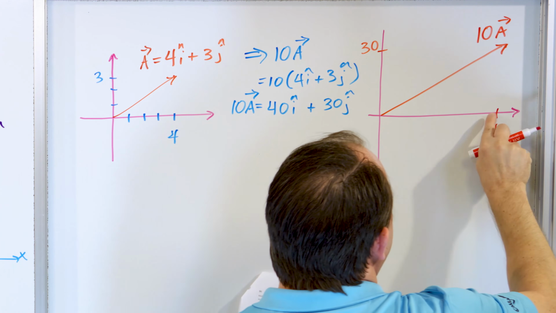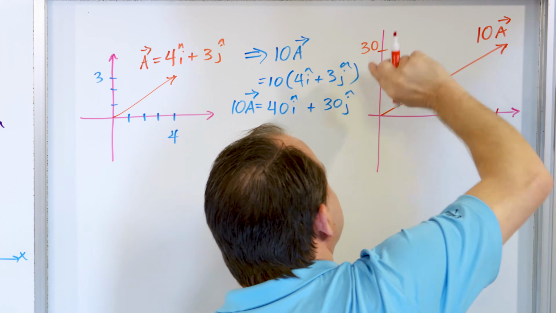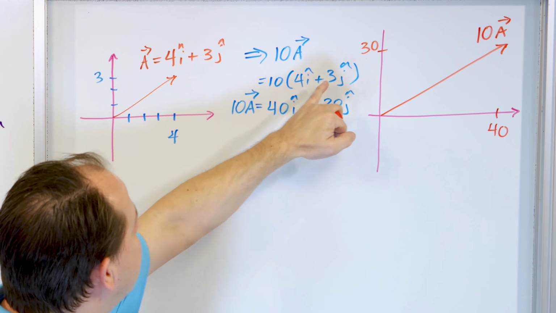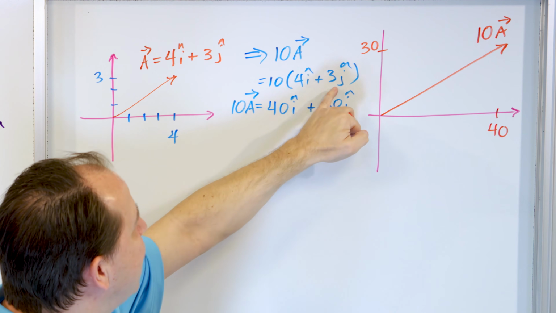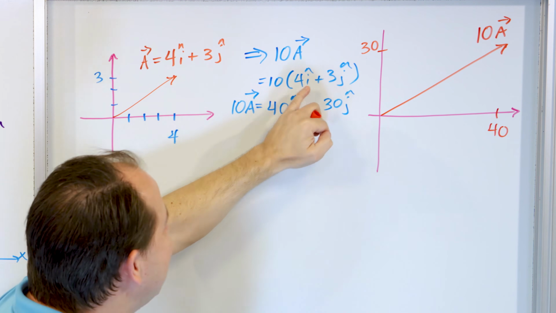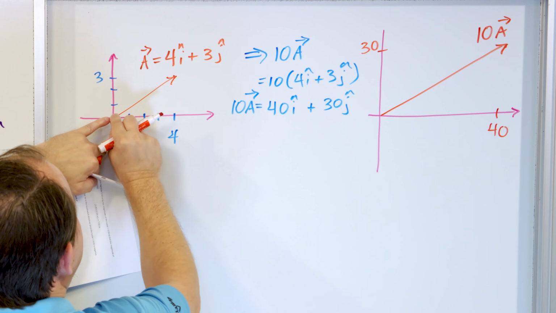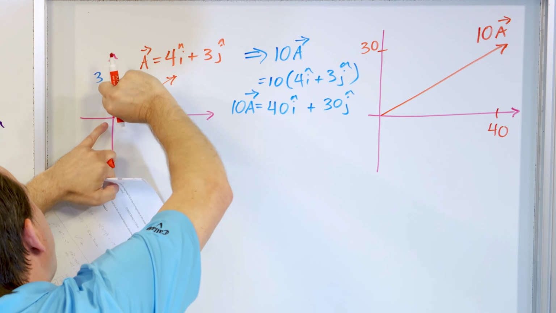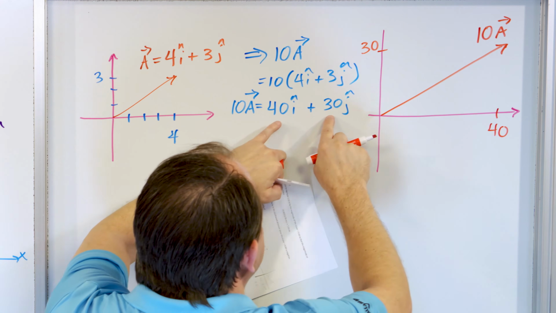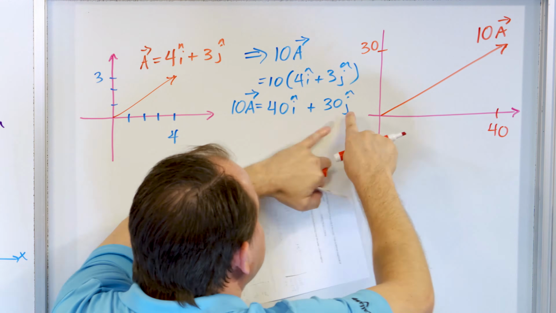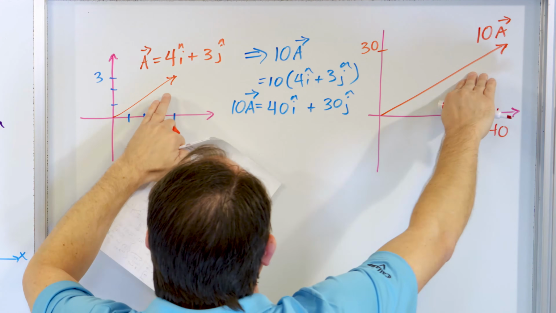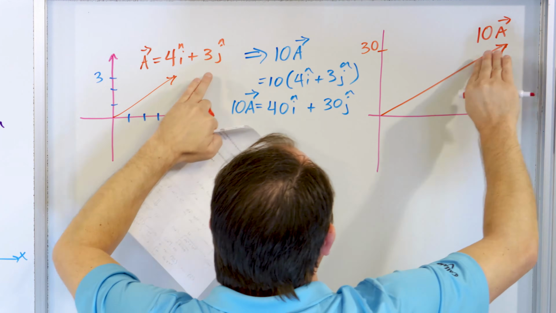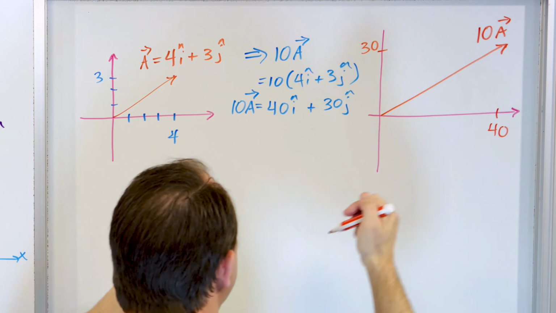It's 40 units long in the x direction and 30 units long in the y direction, because when we multiply this thing and distribute it in, we're multiplying each of the components by 10. In other words, we're stretching the x component of the original vector tenfold, and we're also stretching the y component of the original vector tenfold. So we get x and y components which are 10 times bigger, and so of course the vector is now in the same exact direction, but it's 10 times longer.